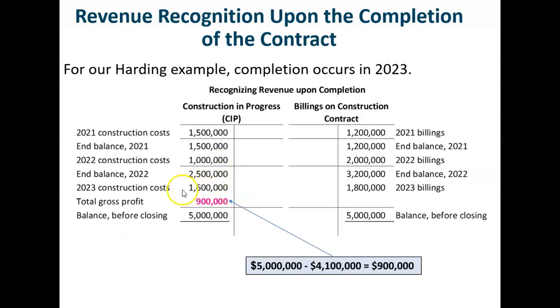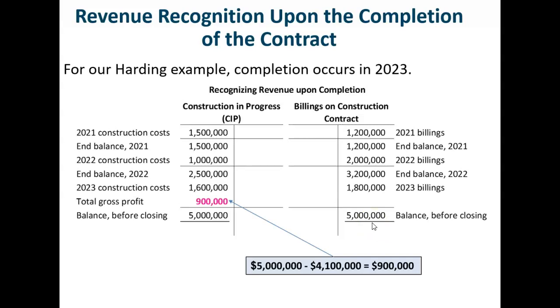The second journal entry is made to zero out the account balance in construction in progress and billings on construction contract, the asset and contra asset accounts, because the job is done. The building has transferred to our customer.